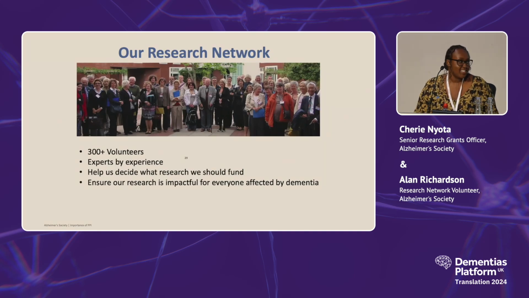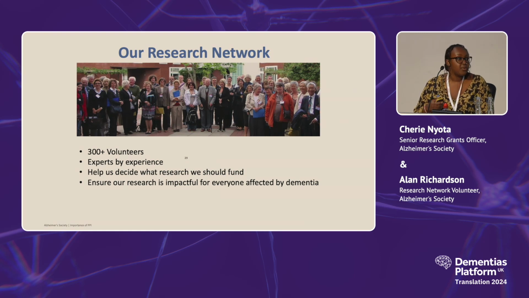Our research network, that Alan has very kindly joined us from today, has just over 300 volunteers, and that's one of the ways that we work in partnership with people affected by dementia. They're all experts by experience. They all have a lived experience of dementia. And they get involved in lots of things at Alzheimer's Society. They lay review all of our applications that come in.